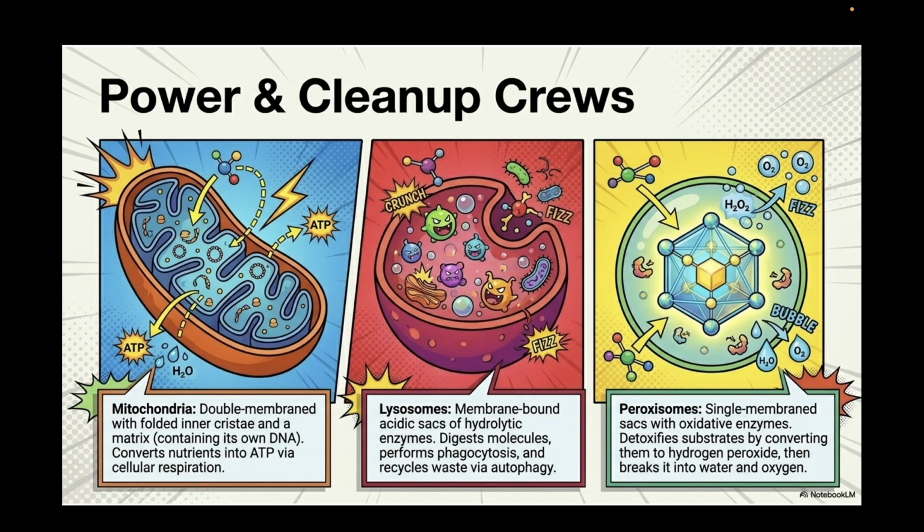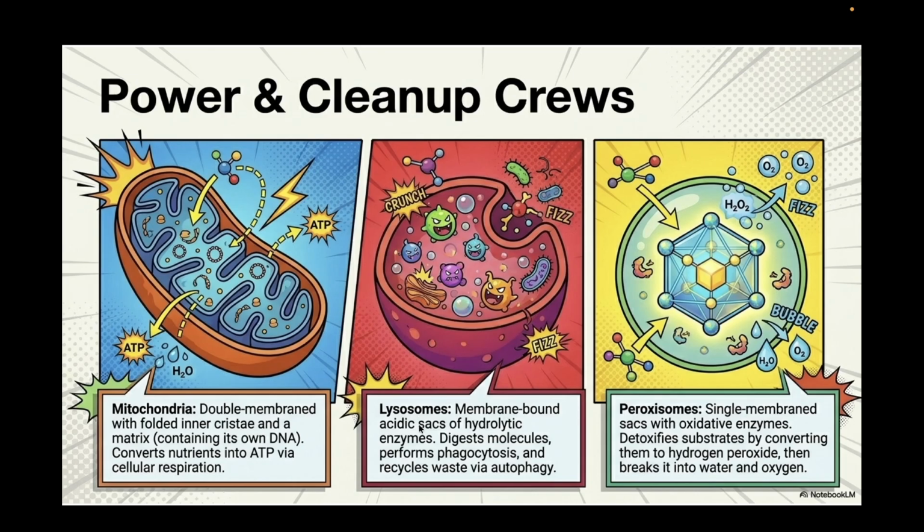Apart from these major organelles, there are other organelles such as mitochondria, lysosome, and peroxisome. The major function of mitochondria is that it helps in the formation of ATP via cellular respiration, and its structure is also double membraned, with inner cristae and matrix.